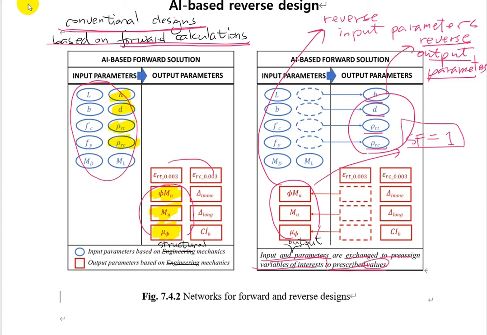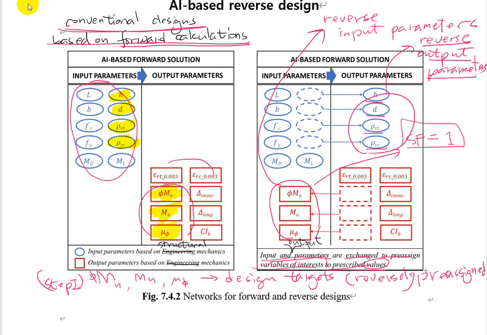One we had assigned as design targets in step 1. So let's summarize here. In step 1 we had phi Mn, Mu, and mu phi as design targets, and these were reversely pre-assigned on an input side.